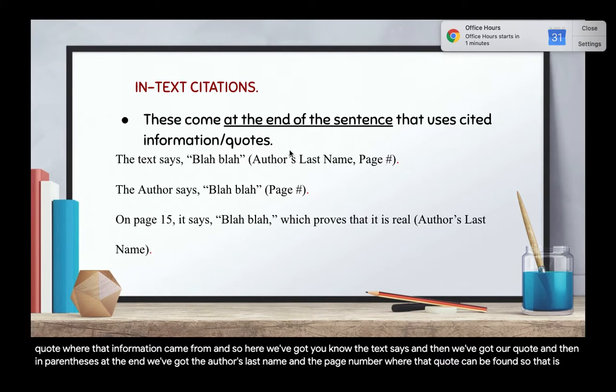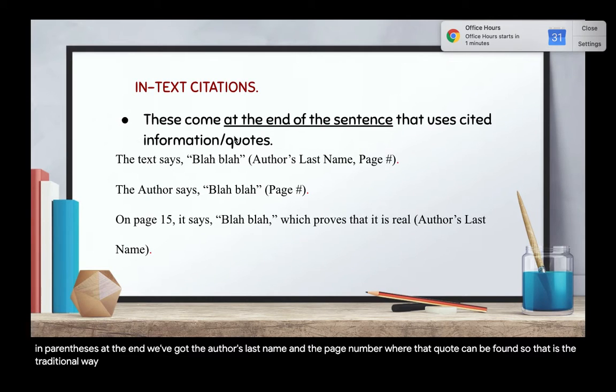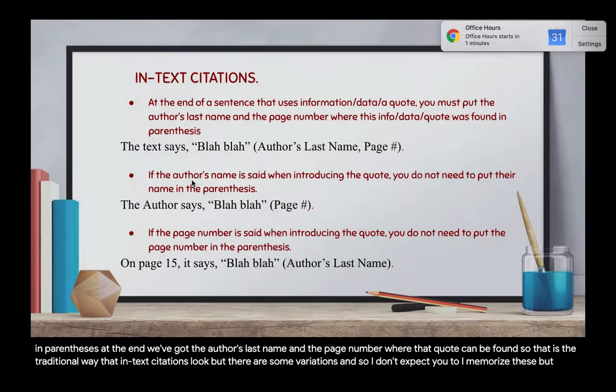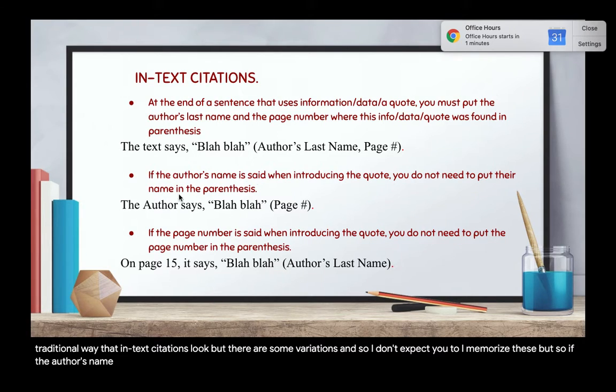So that is the traditional way that in-text citations look, but there are some variations. I don't expect you to memorize these, but if the author's name is said when you're introducing the quote, you do not need to put their name in the parentheses.